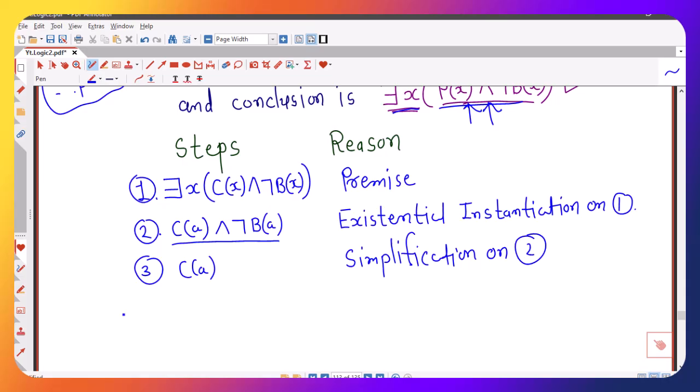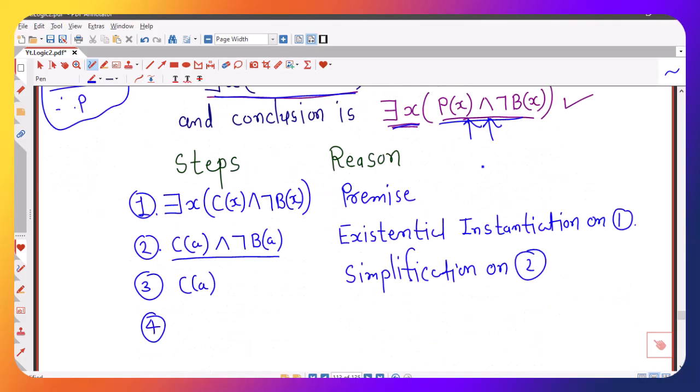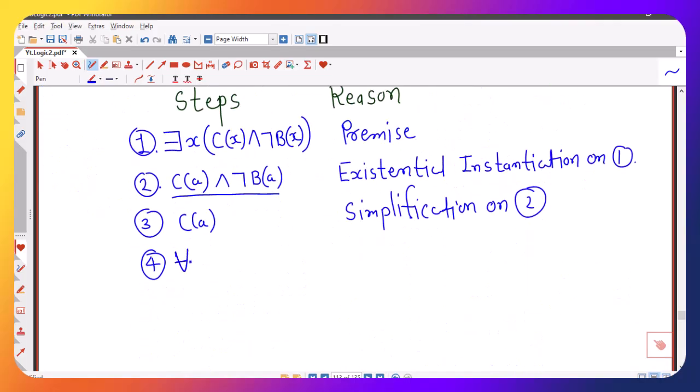After that I am using the second premise, which is for all x, C of x implies P of x, and this is our premise. Now here C of x implies P of x is true for all x in the domain, therefore it is true for x equal to a also, the a which we have written here, because this is true for all x.